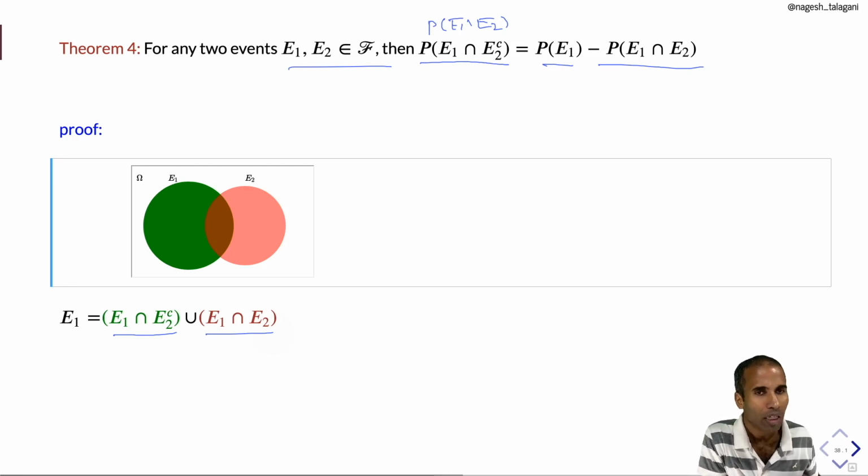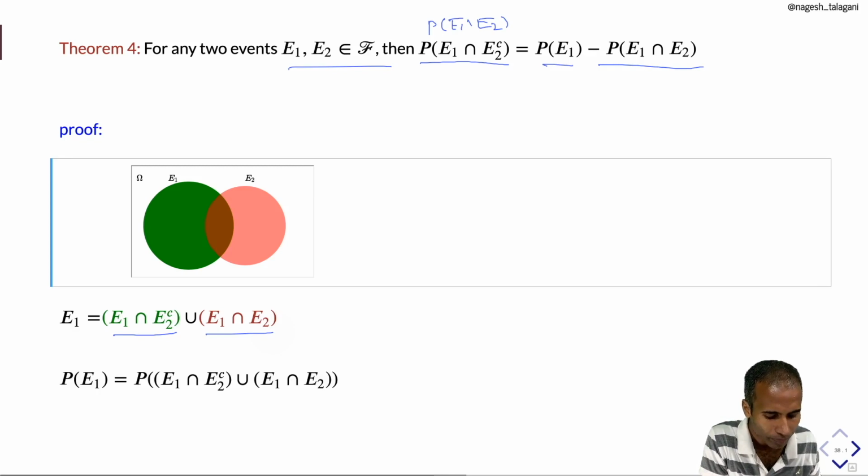So now if I take the probability both sides, the probability of E1 equal to the probability of E1 intersection E2 complement union E1 intersection E2. Now I can apply finite additivity on the right hand side because these two events are mutually exclusive.